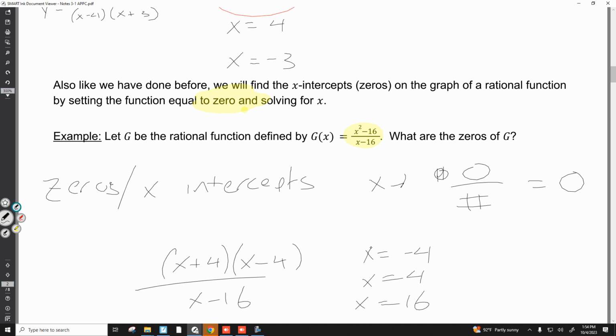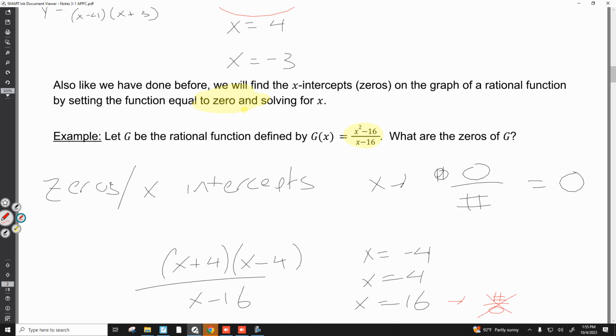Only one of them will produce a 0 divided by a number. Actually, two of them will. Not 16. If I plugged in 16, I would end up with a number divided by 0. We will talk about that later, but that is not 0.